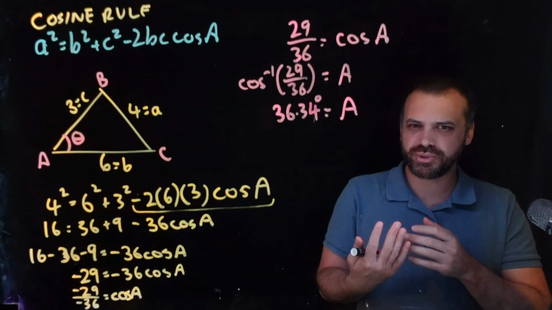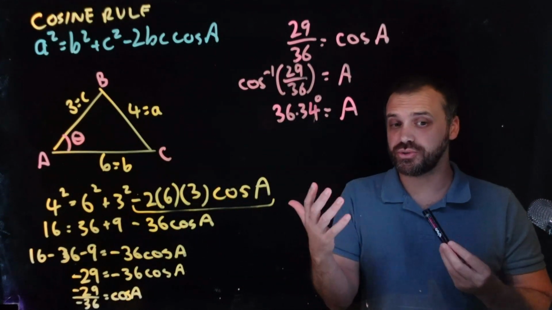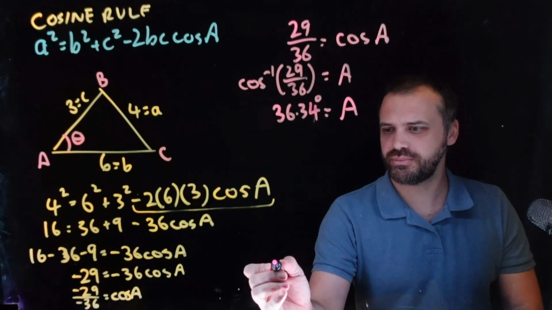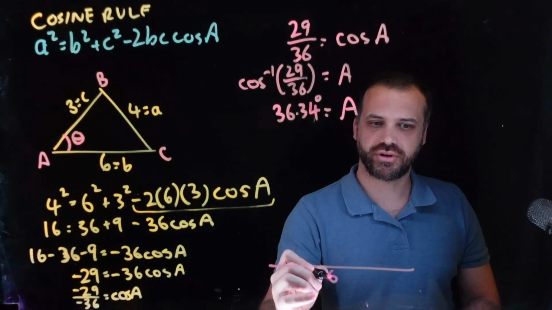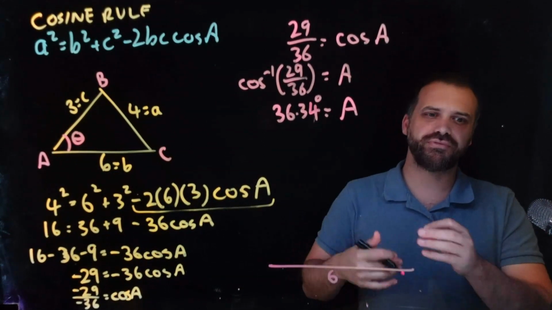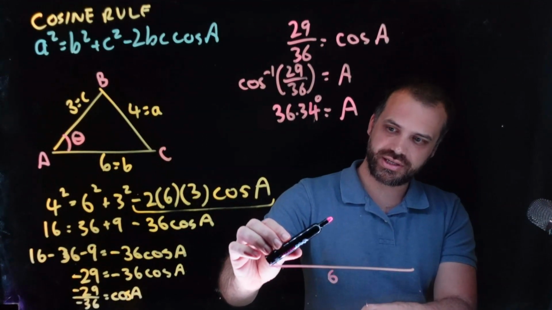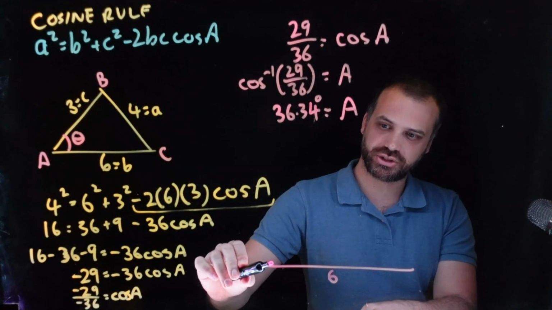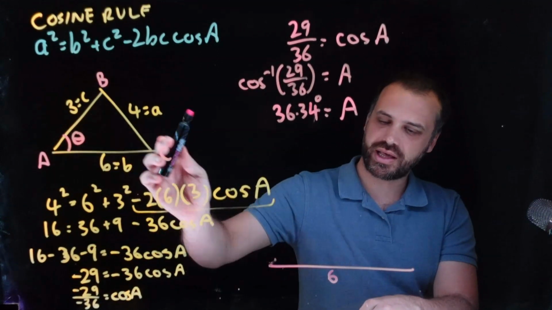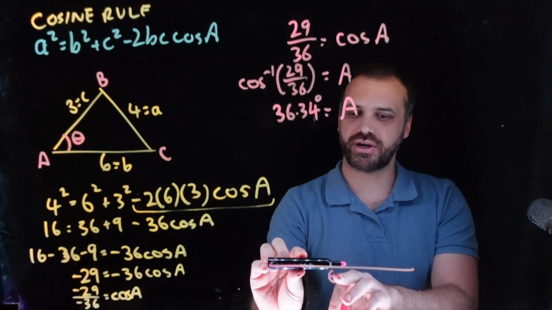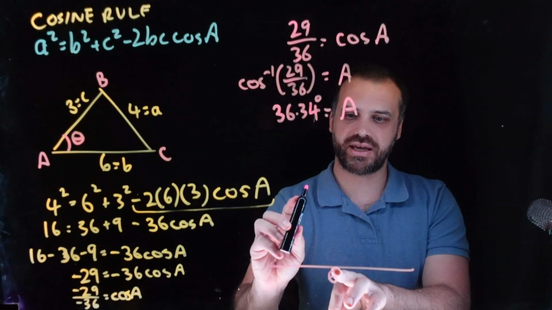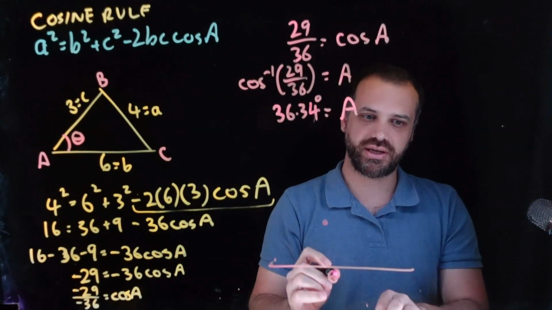Now, of course, you can do a little double check here just to make sure that it feels right. And what I mean by that is draw a length of 6, right? And then you draw everything else relative to that. 36 degrees, so that's about that much, right? Now, we know that that length's 3, so half of this length at that angle, so that's about there.